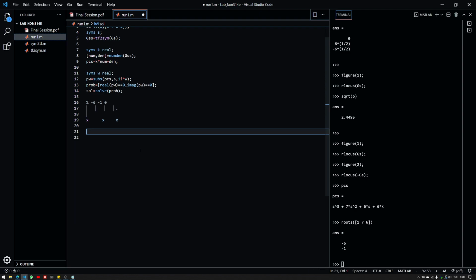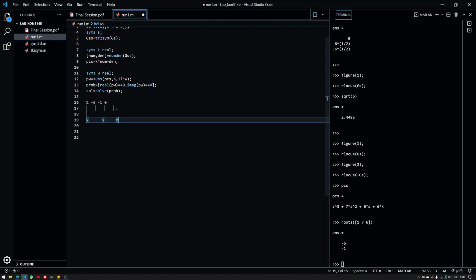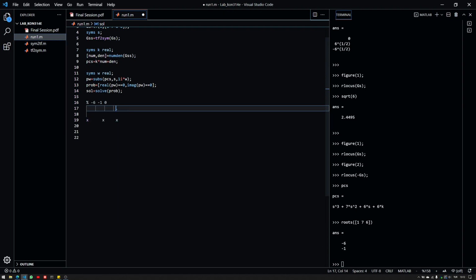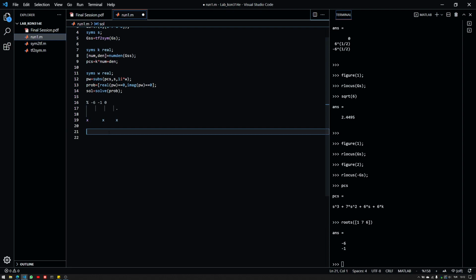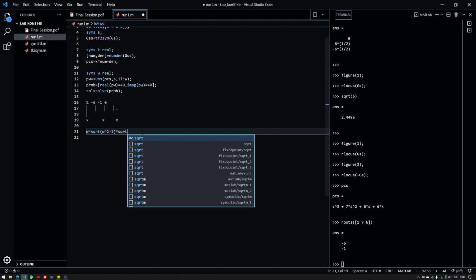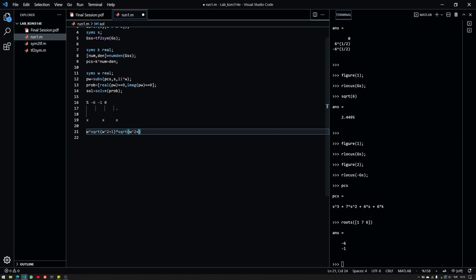So yeah, using that, you have omega equals square root of 6 again, and having that information, you can just use the gain condition, where you look for the distance from this pole to this one, which is omega, and then here we have omega times square root of omega squared plus 1, because this distance is 1, this distance is omega, so this would be the square root of this, times, again, omega squared plus 6 squared, so 36.